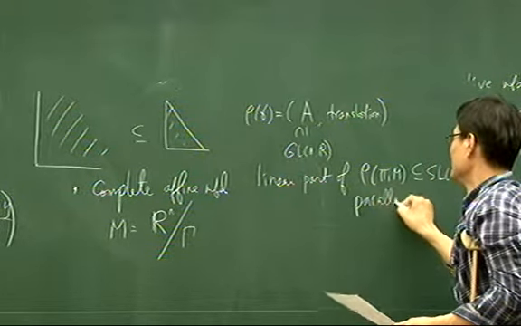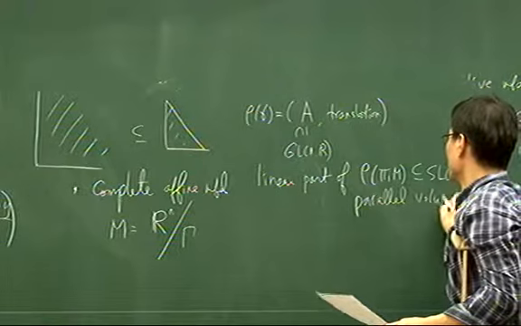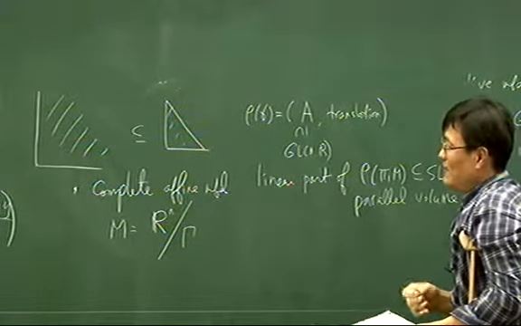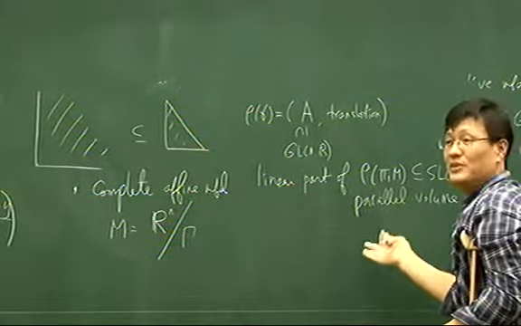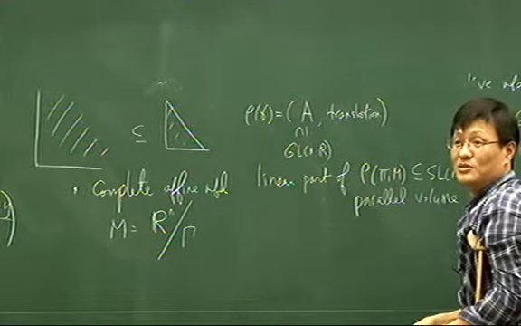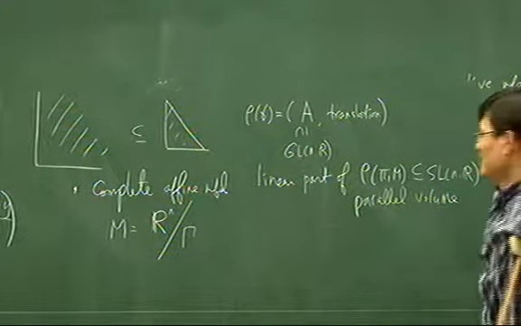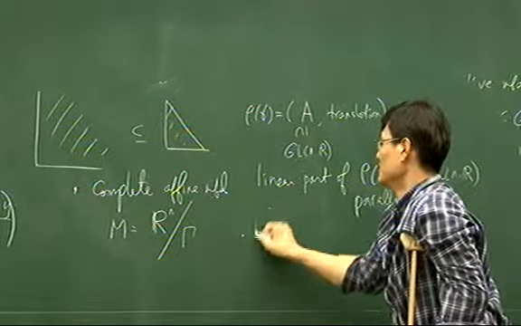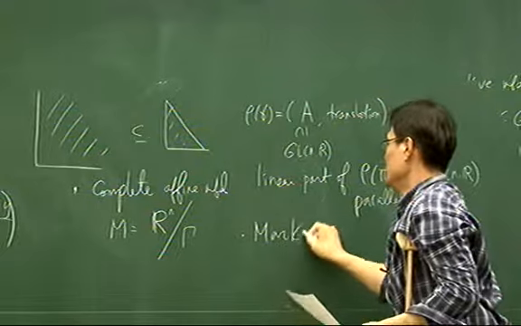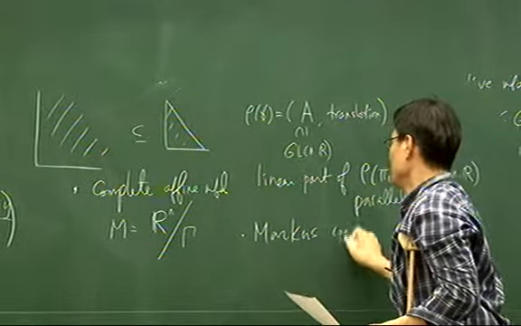Not all affine structures have a holonomy whose linear part belongs to SL(n, R). But suppose it does, then there's a conjecture called the Markus conjecture.